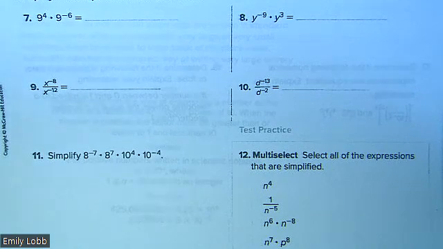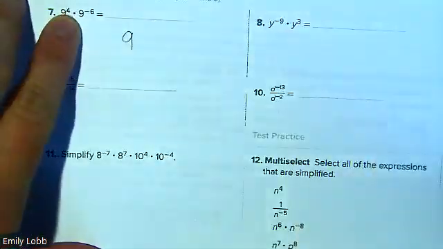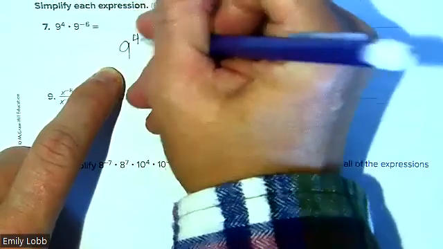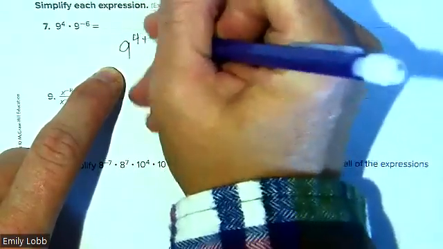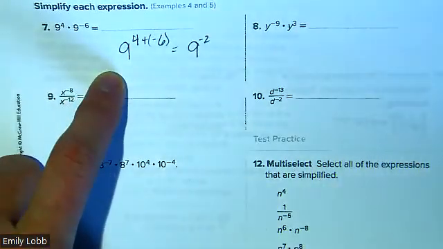All right, looking at number 7. We have the same base, right? So our base is 9. We can add these. What's 4 plus a negative 6? So we have 9 to the negative 2. Can I leave it like this?